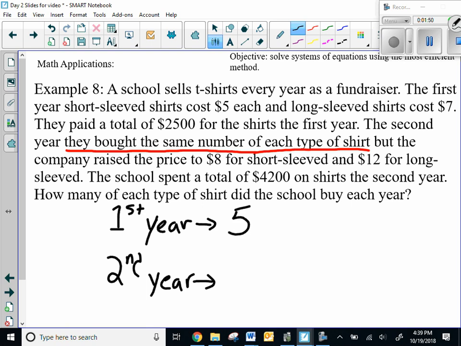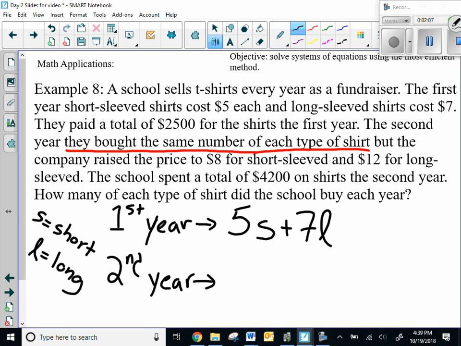So we'll have 5S, and that S will be for the short sleeve. And each long sleeve shirt costs $7, so plus 7L, and that L will be for the long sleeve. And what did they spend a total of? Well, they spent a total of $2,500 that first year.